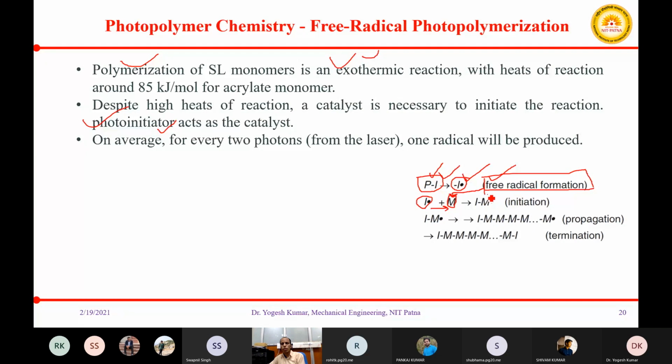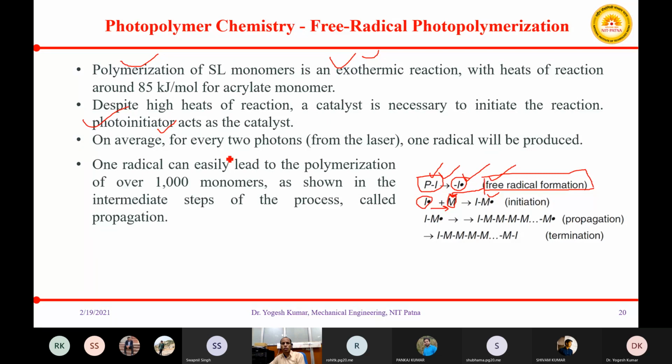Not only one monomer, one free radical may combine with 1000 monomers. One free radical can easily lead to polymerization of over 1000 monomers.